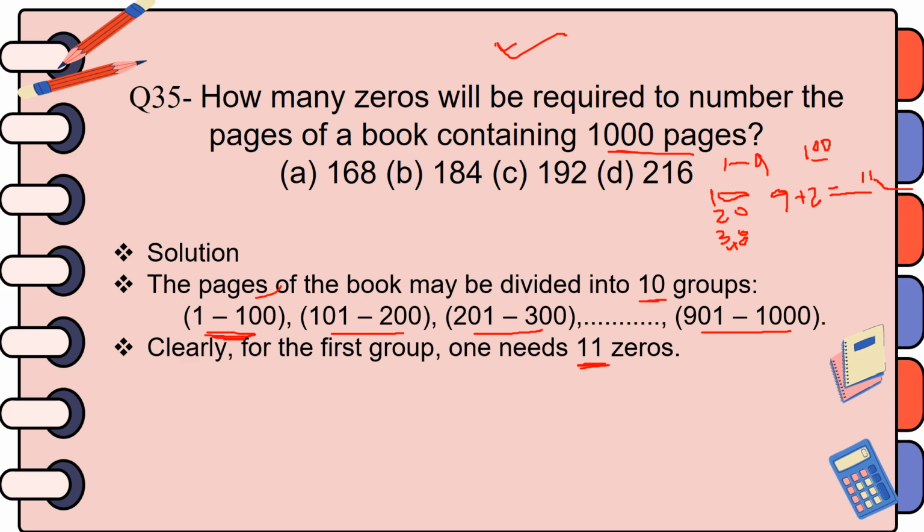Again, for the second group, that means from 101 up to 200, how many zeros are there? Again, try to count the number of zeros here.